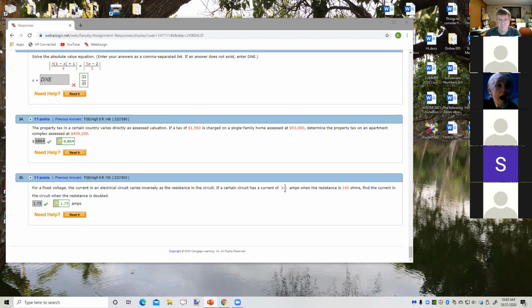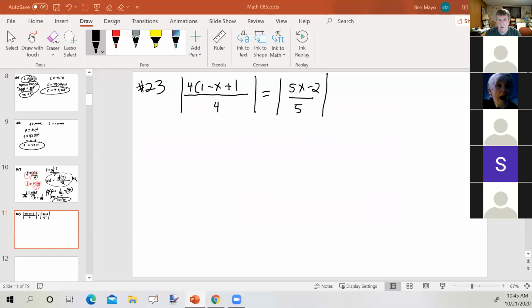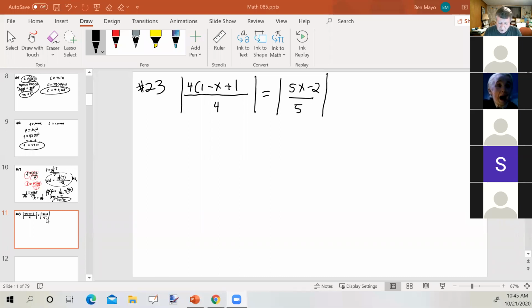All right. So now, oops, that's not what I wanted. Hang on here. Okay. So the first thing I'm going to do is clean up the inside of the absolute value on the left. Oh, but before that, note we've got two absolute value expressions, so we want them separated on each side of the equal sign.